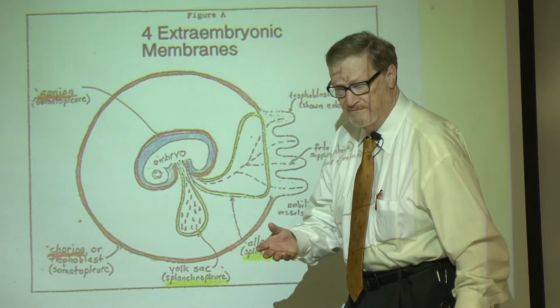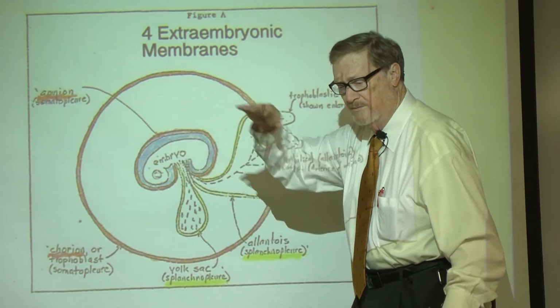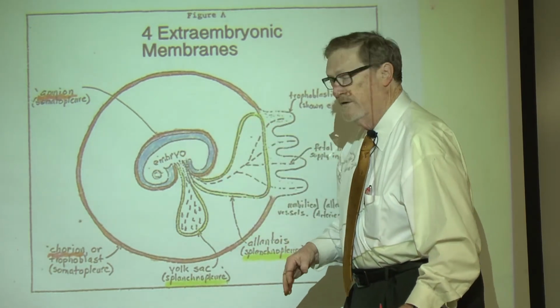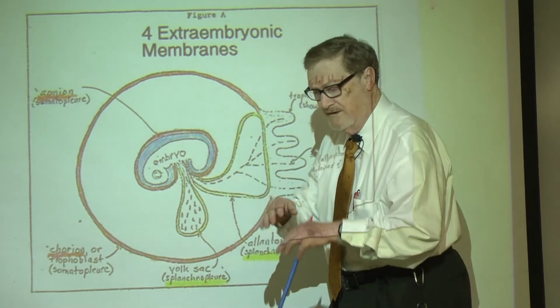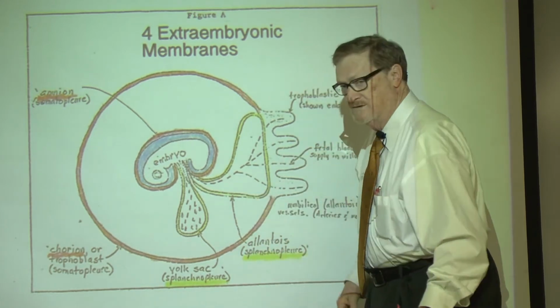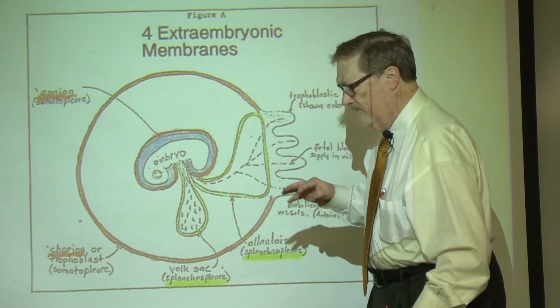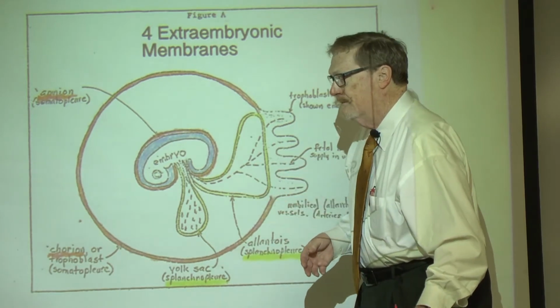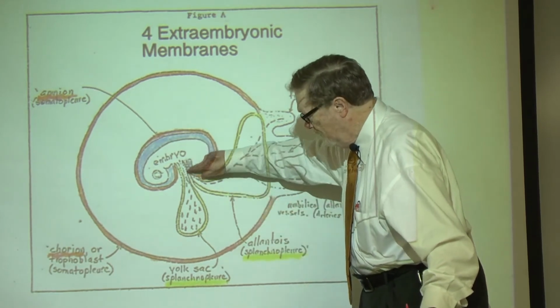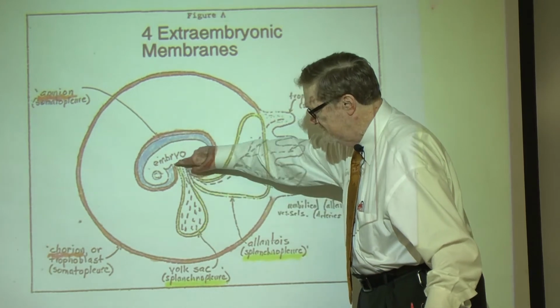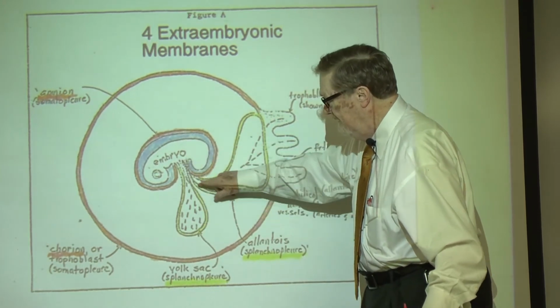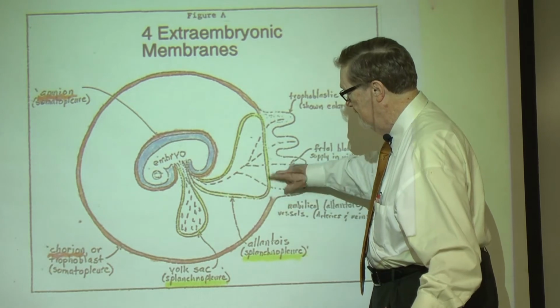Somatic mesoderm, the top layer of lateral plate mesoderm, and the overlying ectoderm fused together.